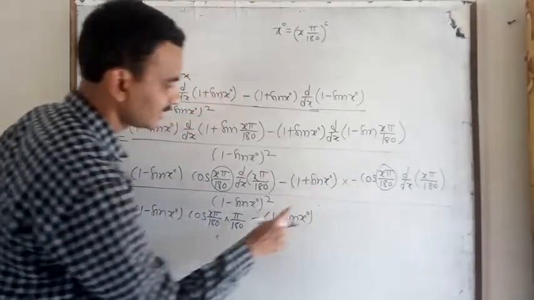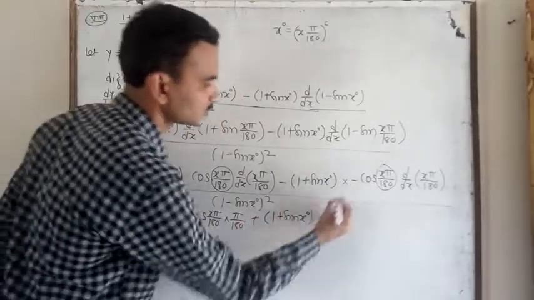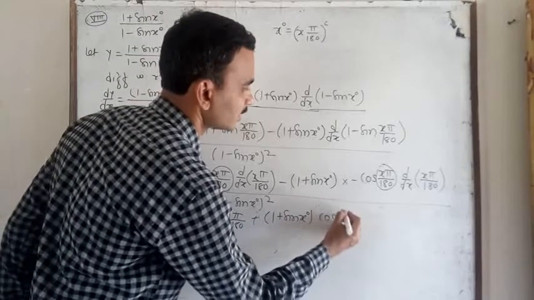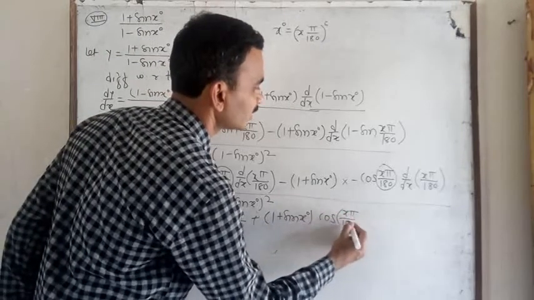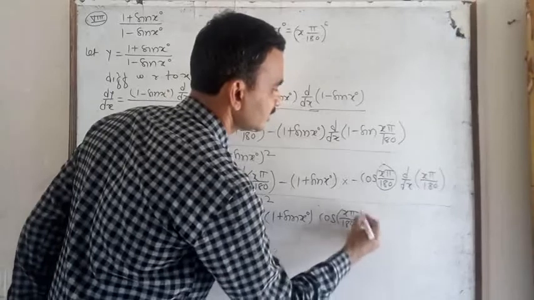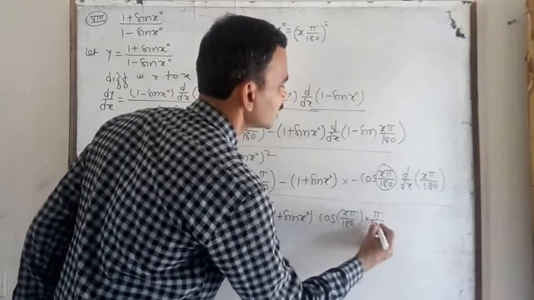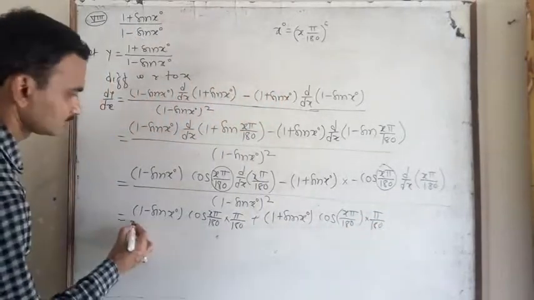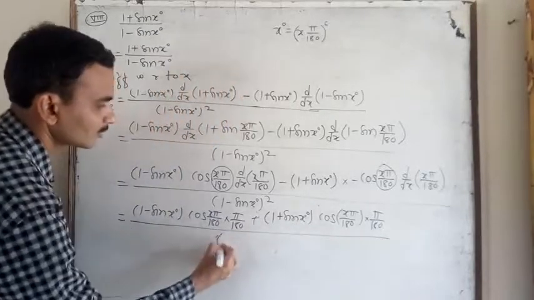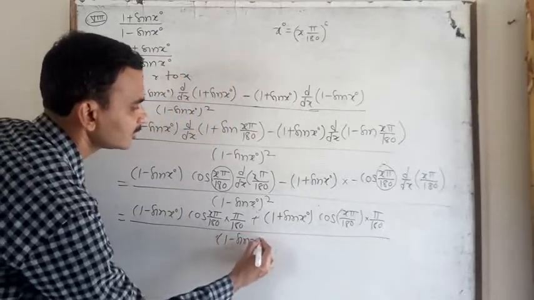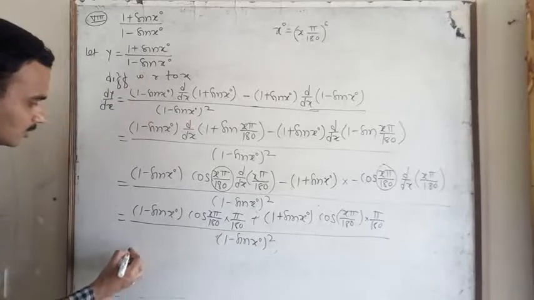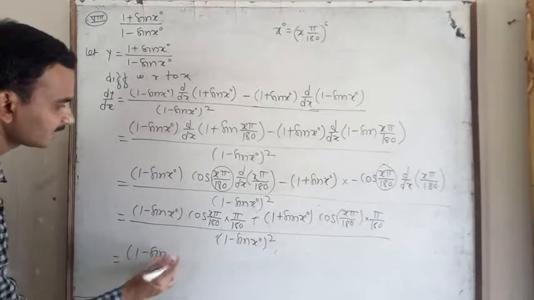This minus and this minus is plus, so cos of x pi upon 180, and the derivative of this term is into pi upon 180. 1 minus sine x degree bracket square, 1 minus sine x degree.